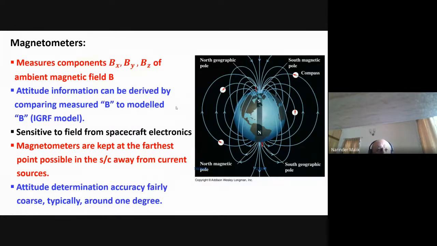Magnetometers measure the three components of the magnetic field, depending on the attitude of the spacecraft body. You know at a given point in the orbit what the expected field is, from the model stored on board.